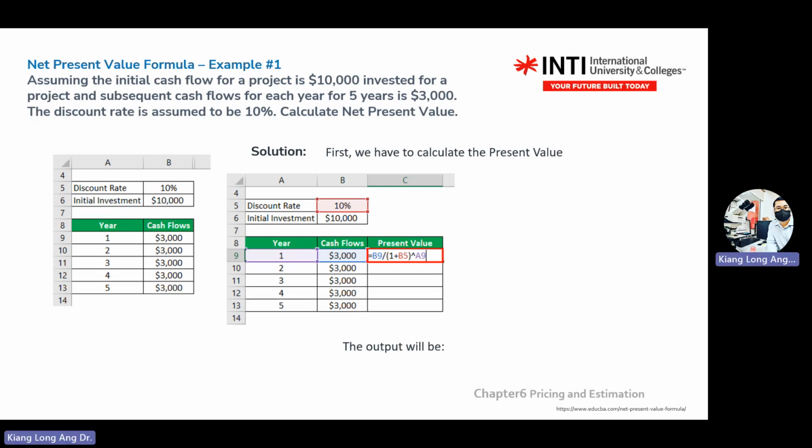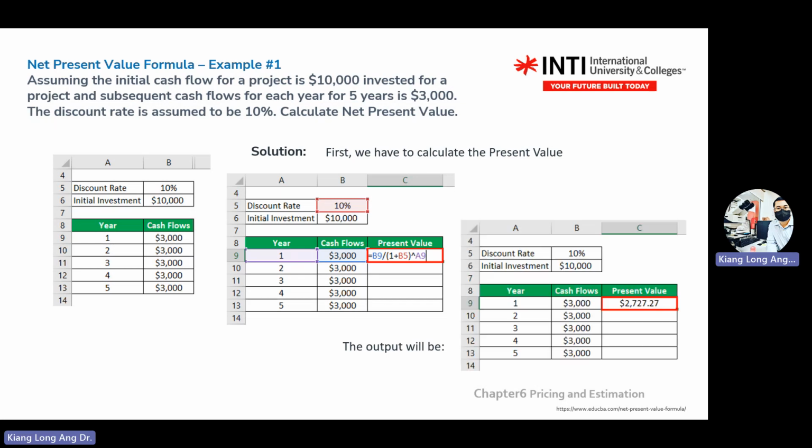Bracket, and then this one is superscript, how many years? This is the first year, so n is 1 here. If you press a calculator, you will get 2,000 something for the present value for the first year.